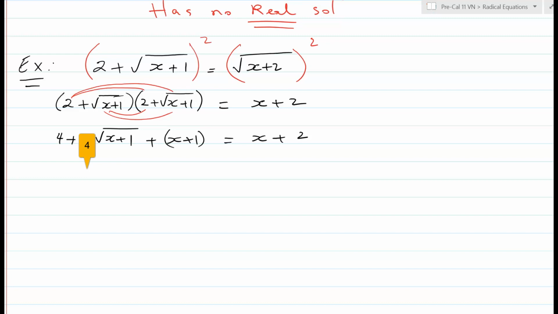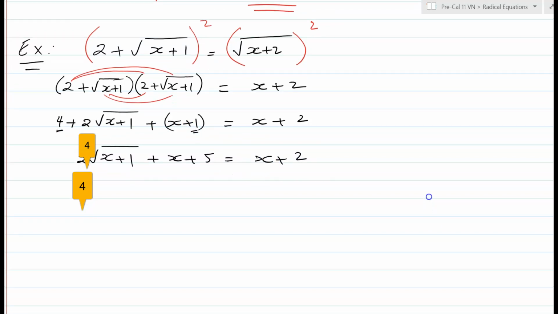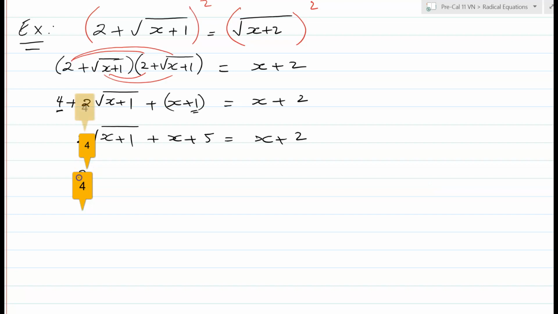By simplifying, we're going to isolate the radical again. This is a very hard question, so you have to do the isolation twice, really. So what we have is a plus, and then we have x plus 5 because of the 1 and the 4 right here. And then the other side is x plus 2. Very good. We continue with 2 times the square root of x plus 1.